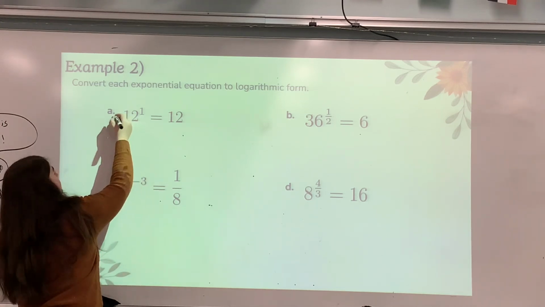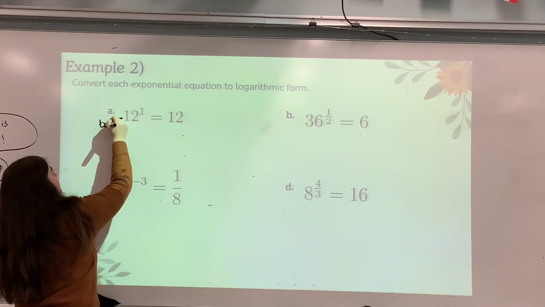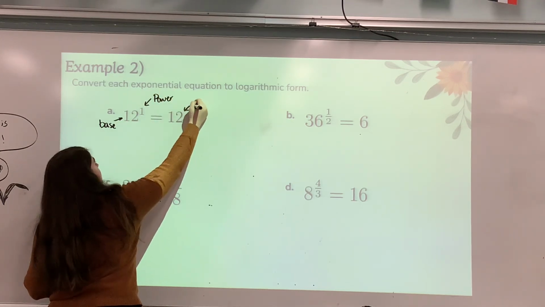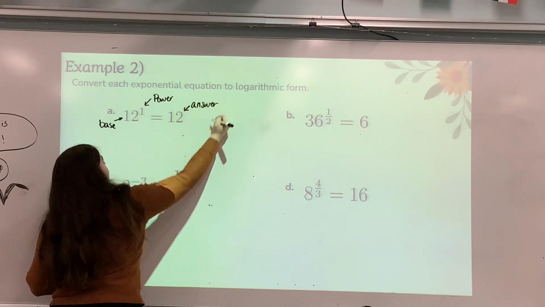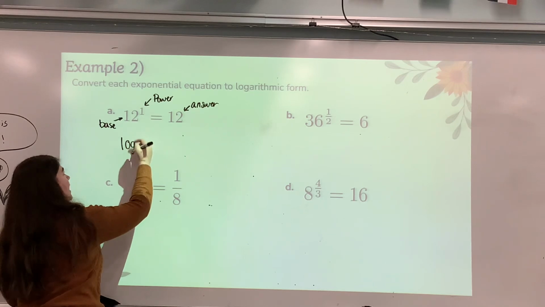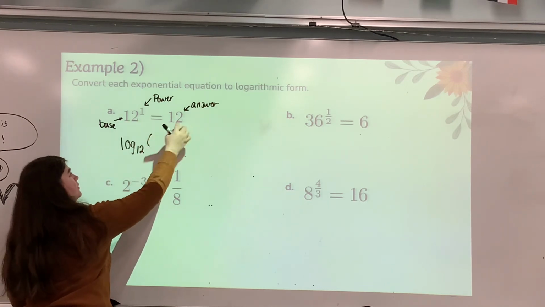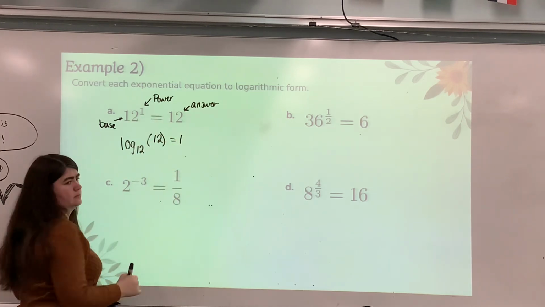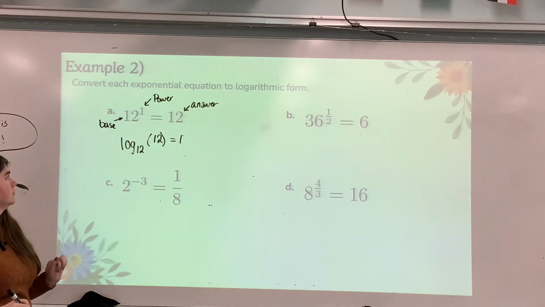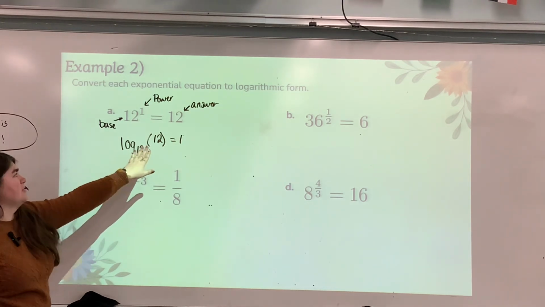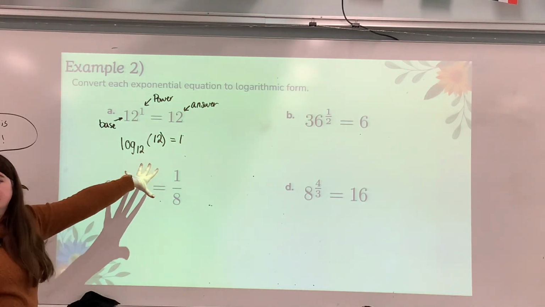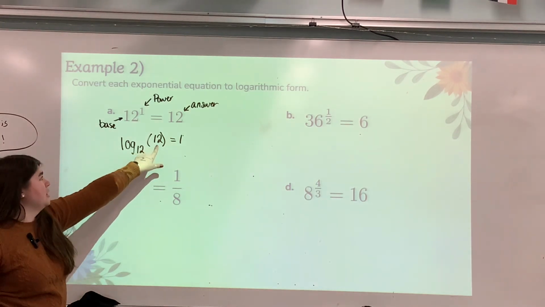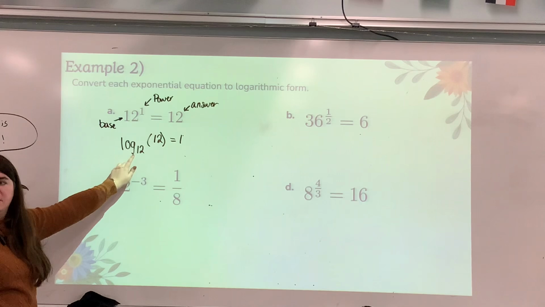So remember, we have the base, we have the power, and we have the answer. So we have log base 12 of answer 12 is equal to the power 1. Which, by the way, the parentheses are not really super necessary. It's sometimes written without it, sometimes written with it. I prefer to write with the parentheses because it helps keep it separate from the base.